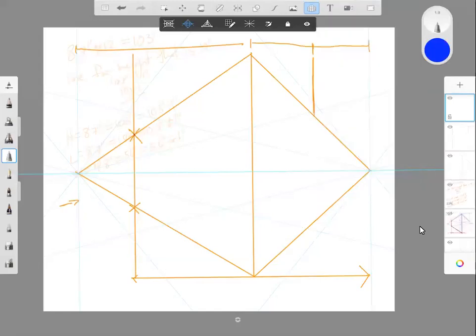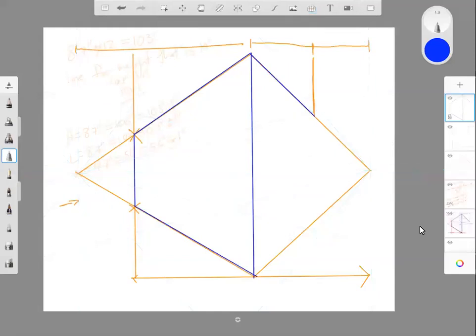So now we have this. Good? Okay. So then we said that the thickness of the metal, you said it was 4 inches, right?